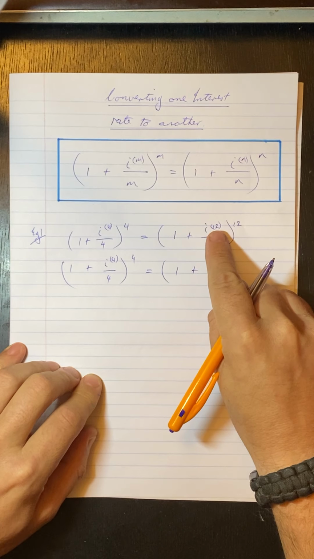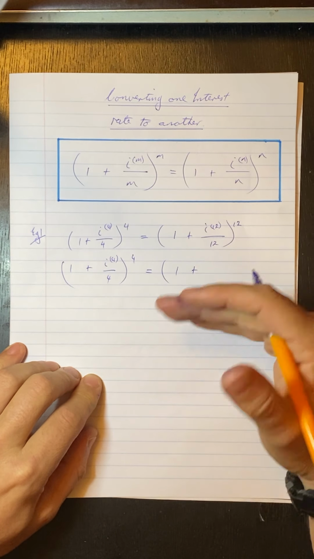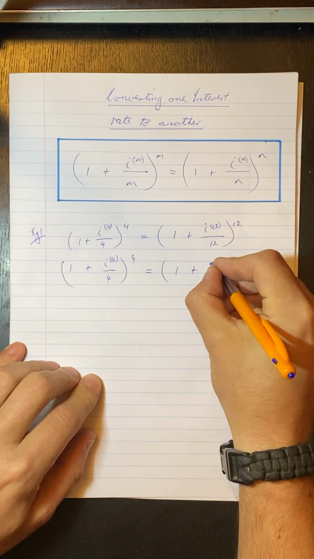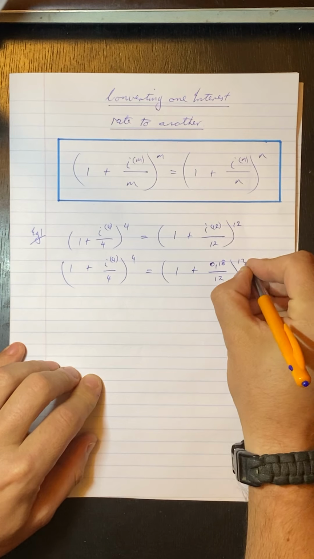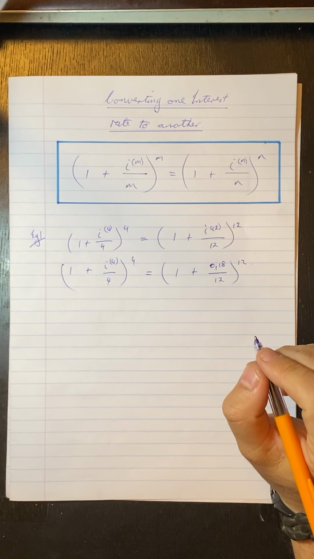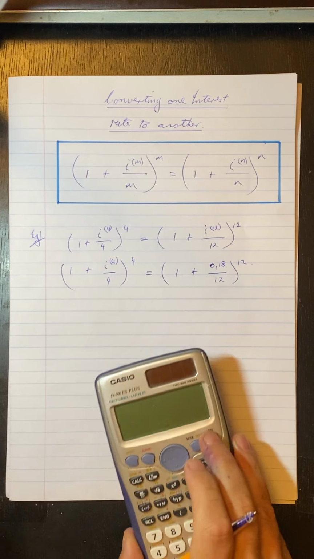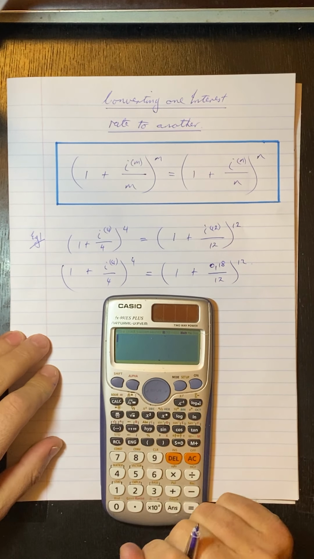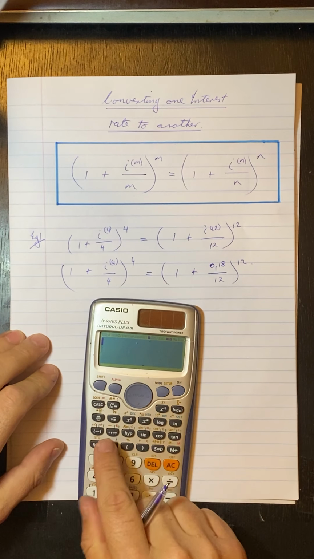So I'm going to convert that 18% into a decimal, so it'll be 18 over 100. So we get 0.18 over 12 to the power of 12. Okay, so grade 12s, I'm going to skip a few steps here, but I'm going to show you on the calculator what I'm doing.